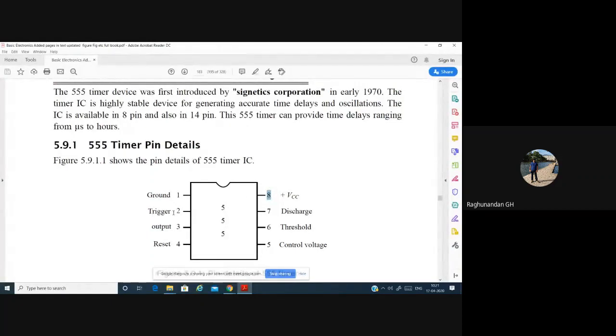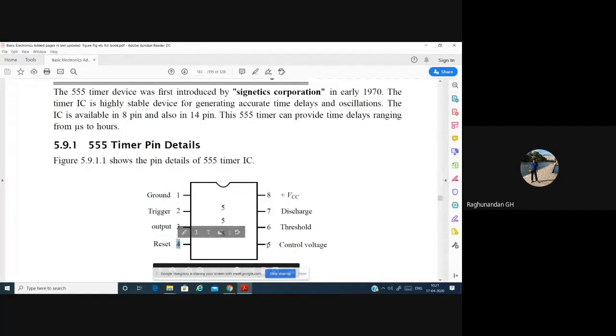Triggering means, for the output to change, we have to give some input or triggering pulse, at pin number 2. The output we collect at 3. If you want to reset it from the beginning while it is generating a signal, you enable pin number 4.